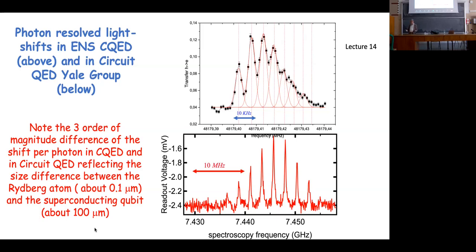So it increases the frequency by 3 orders of magnitude, which means that all these Rabi flops occur 3 orders of magnitude faster. So the speed at which they can do their operation is 3 orders of magnitude faster than in Rydberg atom Cavity QED.